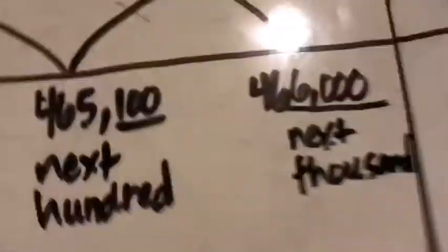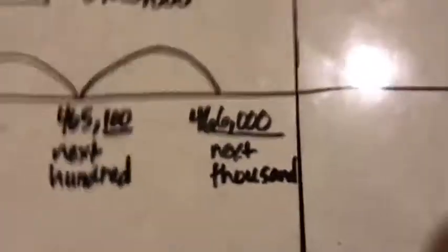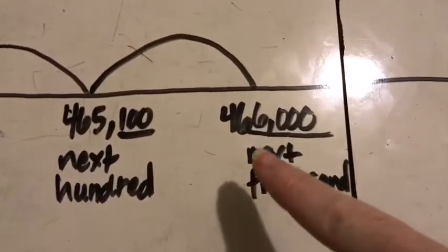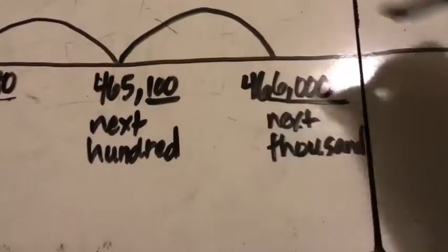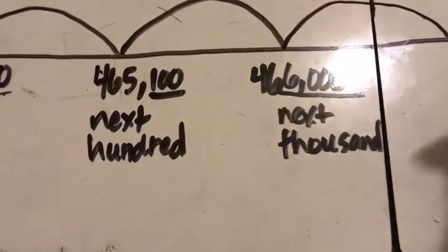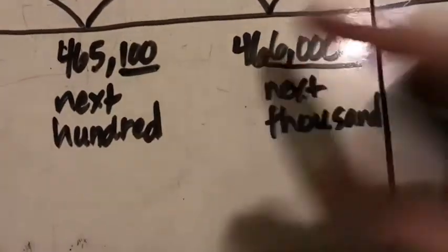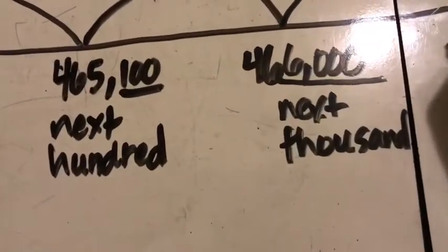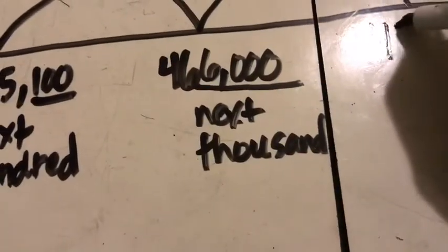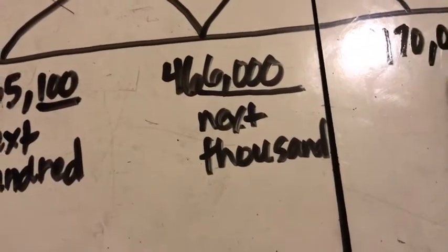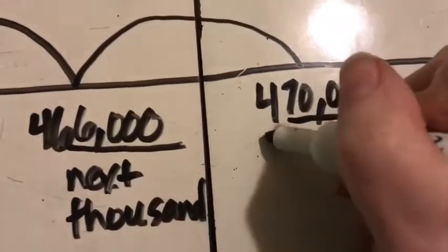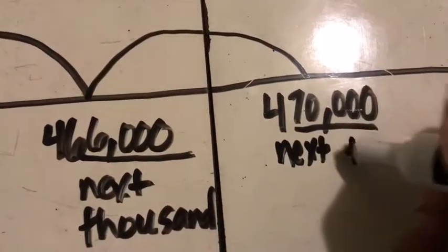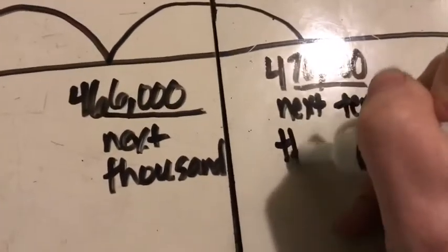Okay, now after I get to my next 1,000, the next place value up would be the 10,000. So my next 10,000, I have 6 10,000s, so another 10,000 would get me to 470,000. That is my next 10,000.